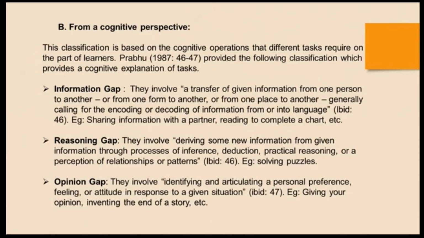It is important to note that the outcome of these tasks will be convergent in some cases and divergent in others. What we need to say is that, for example, in information gap tasks, all students are likely to reach the same answers, whereas in an opinion gap task, everyone will reach a different outcome.